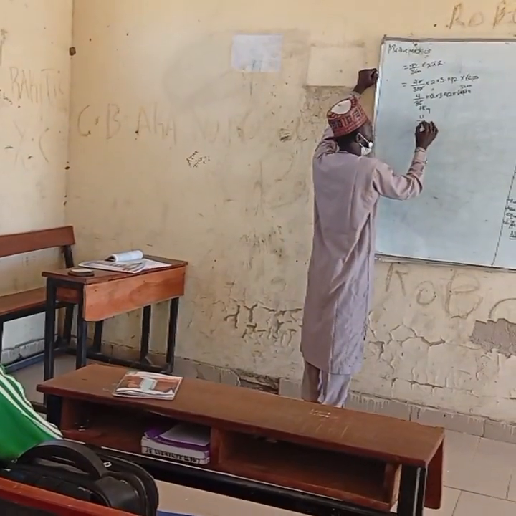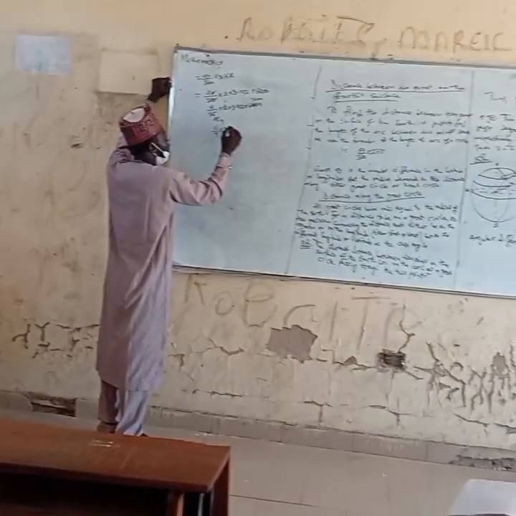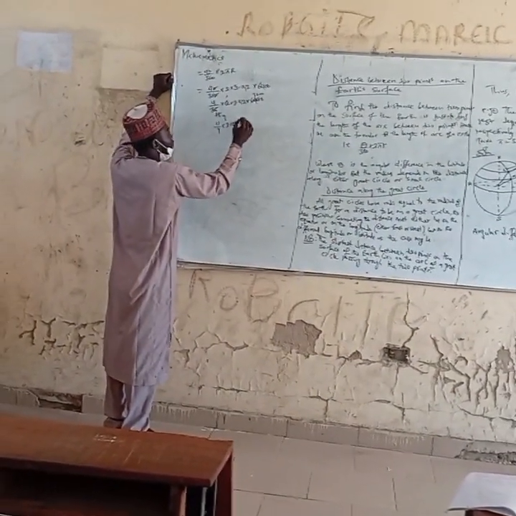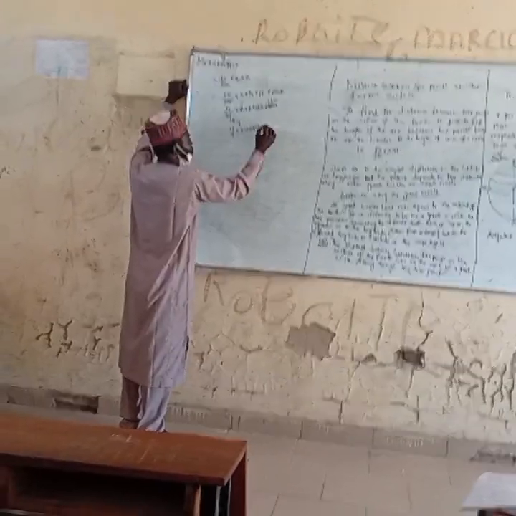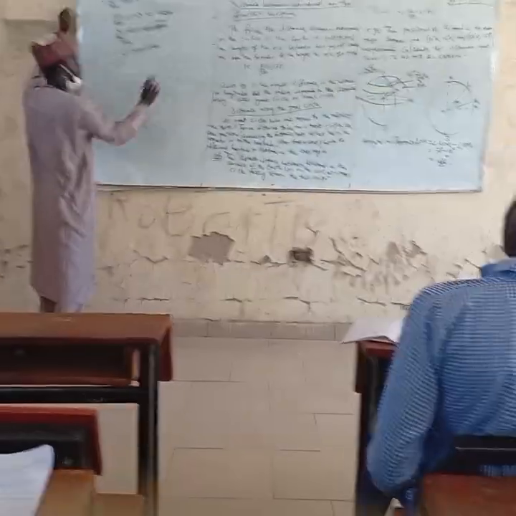We can have 4 over 9 times 3.142 times 3,200.